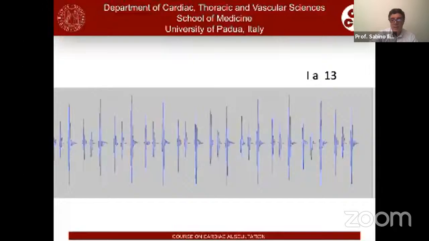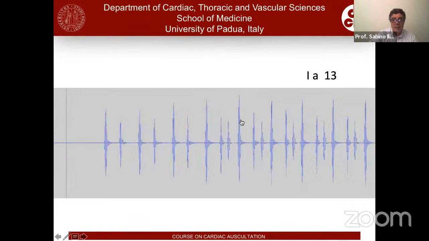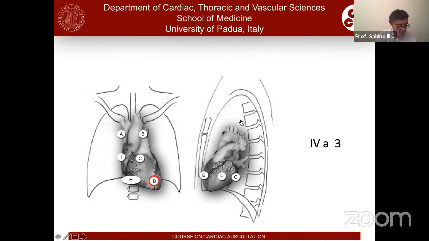So let's continue now, and we go to the next slide. This is the slide that I've added, because I realized that this was an important point to be specified.